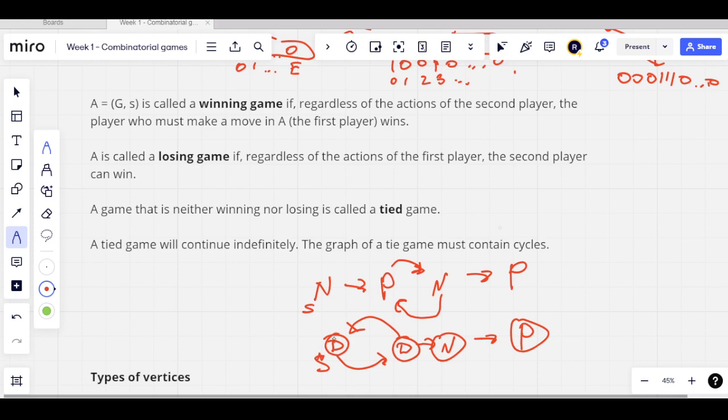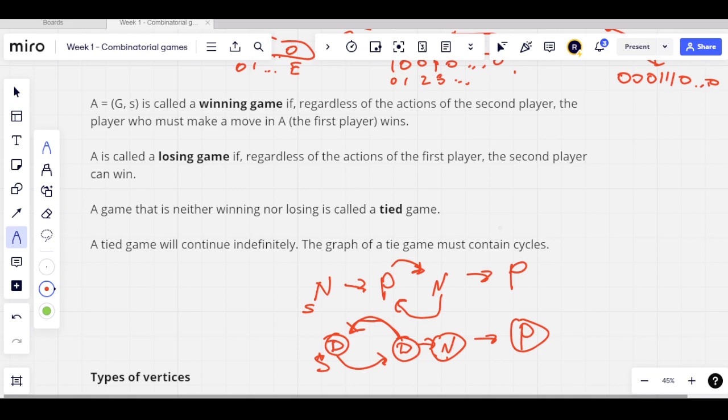Okay, the first player moves to this cycle, and the second player will lose this game because the next is N. The next is the next first player wins, and that's why the second player reverses along this edge, and this game is called a tie game.